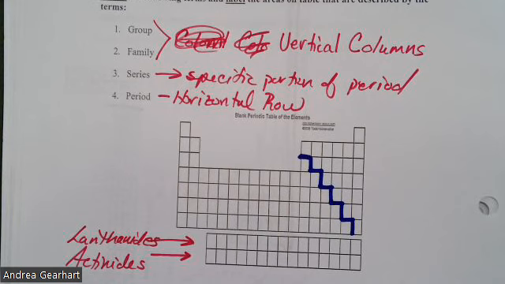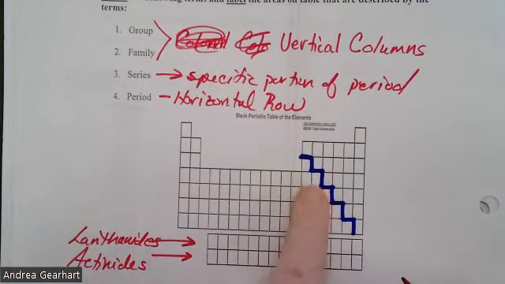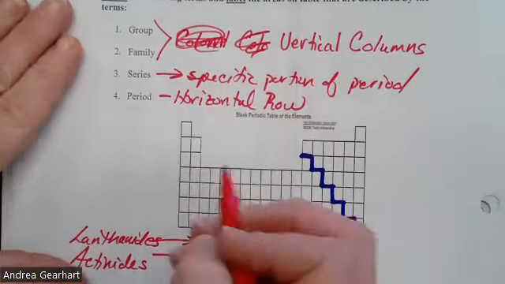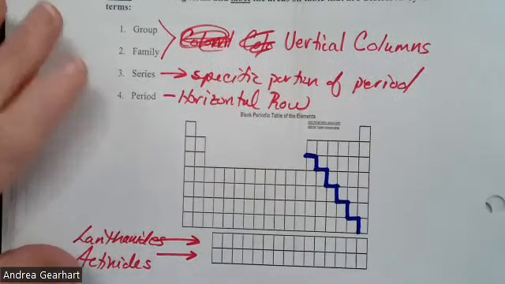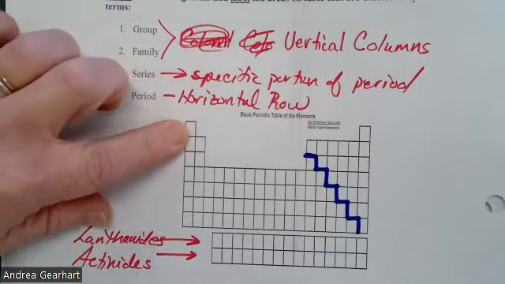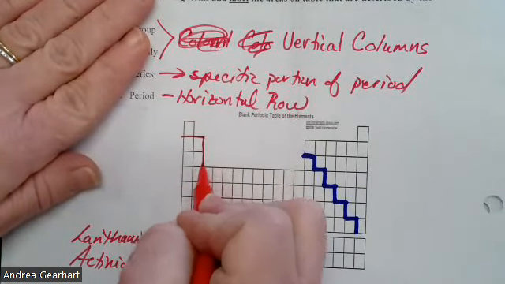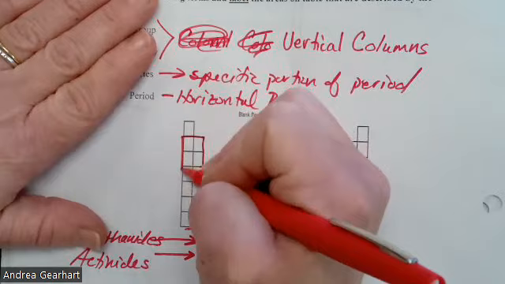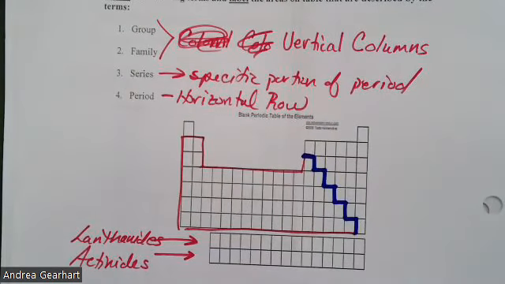Ryan, where do we find metals on the periodic table? You're exactly correct. So all of these, except for hydrogen. Now, what about our F block? Are they metals?